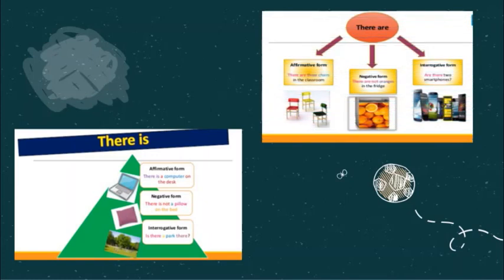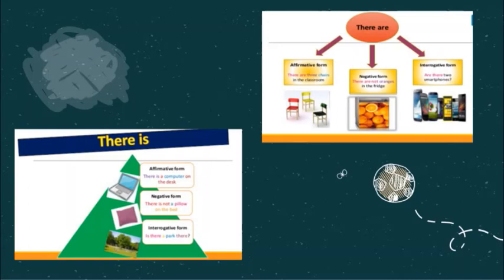Next, for there are, if we want to use the affirmative form, the example will be, there are 3 chairs in the classroom. Good.